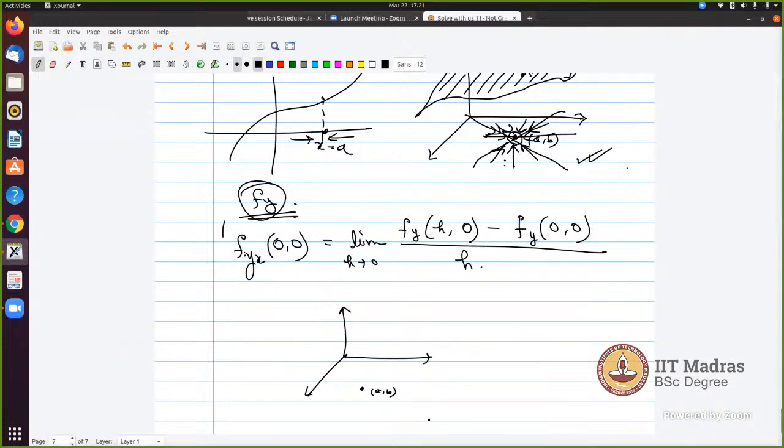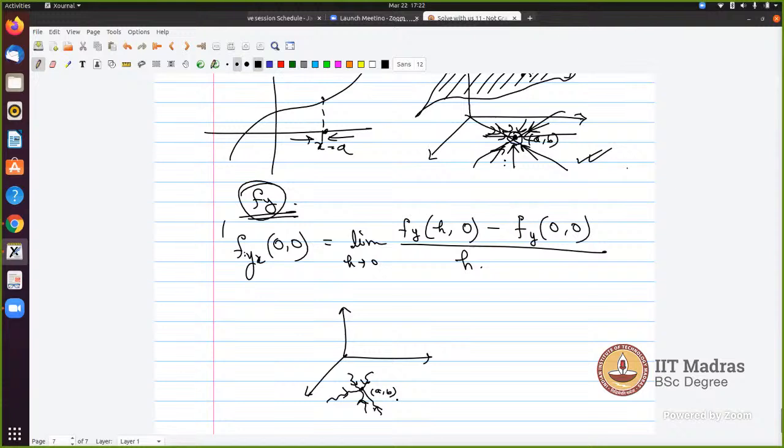There are infinitely many directions by which we can approach this point, correct? And if the limit exists, approaching from any direction, all the limiting values should be equal, correct? Yes, sir. That is the basic definition of limit, right?